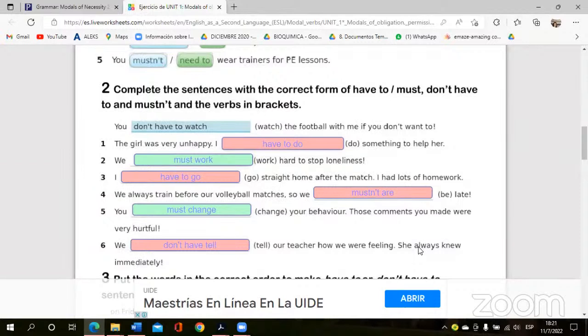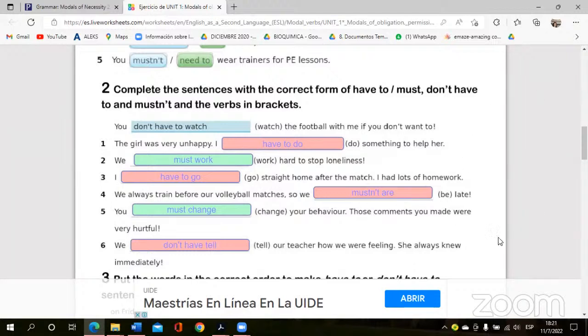Okay, just that. And in number 6, don't have tell, it says, right? So it's missing to. Don't have to tell our teacher how we were feeling.